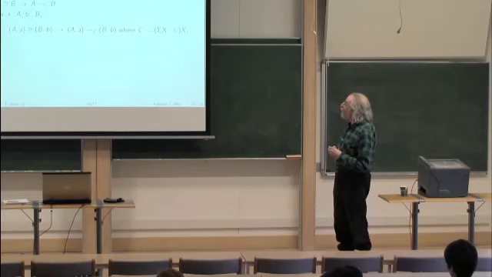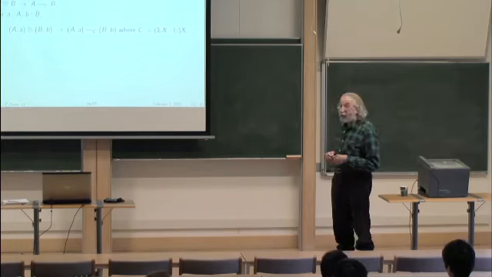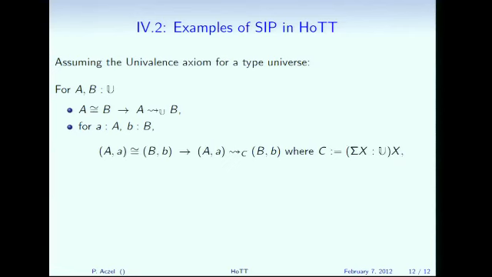But we can look at more complicated structures. So the first thing, saying that A and B are isomorphic types: a type is the most trivial kind of structure you can think of in type theory. But let's consider structures with a distinguished element, a type with a distinguished element. So we're looking at structures in a type C, which is defined as a sigma type, which consists of pairs consisting of a type in U paired with an element of that type.